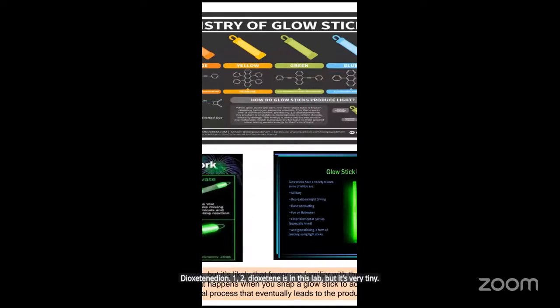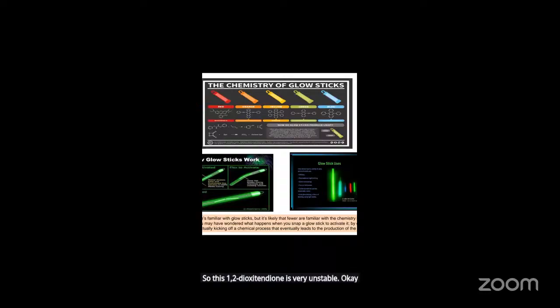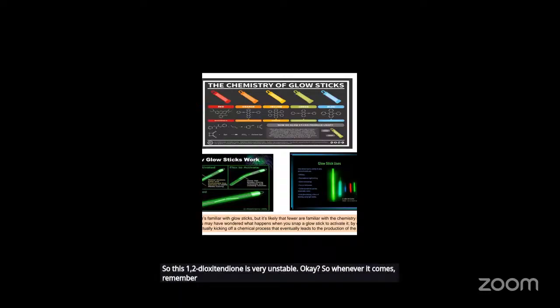It might possibly be 1,2-dioxetanedione. 1,2-dioxetanedione is in the slide, but it is very tiny. It is very unstable. Remember, when a compound is unstable, it's going to break down.